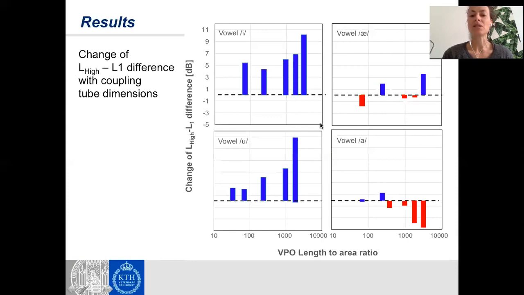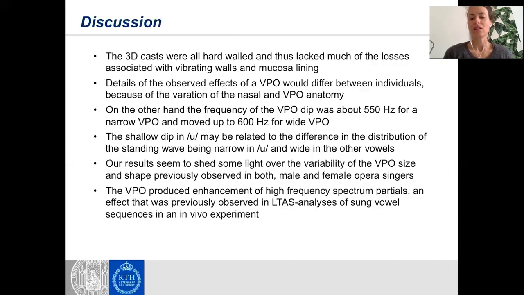And you can see clear effects in vowel U and vowel E, and also some effects in vowel E, and very, very small effects for vowel A. So this is, of course, a hard-walled cast, so the situation in vivo is completely different, because we have vibrating walls and mucosa lining, which produce a lot of losses.